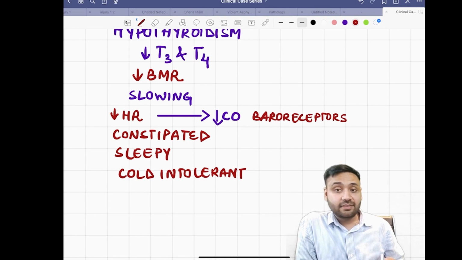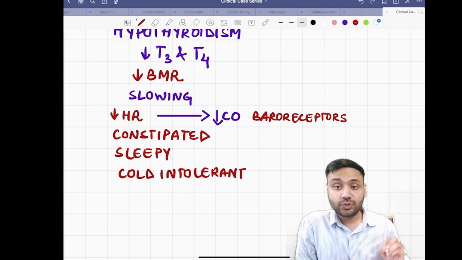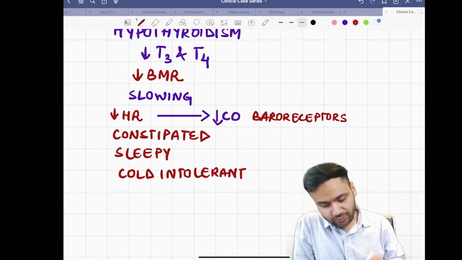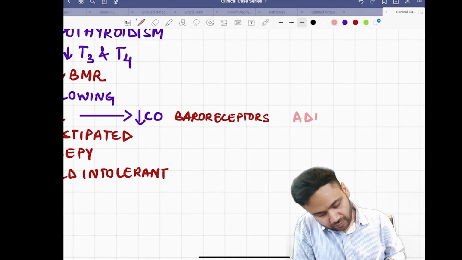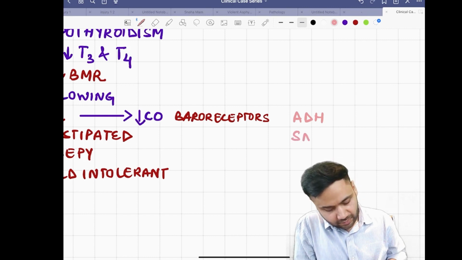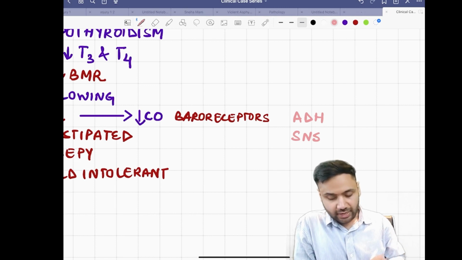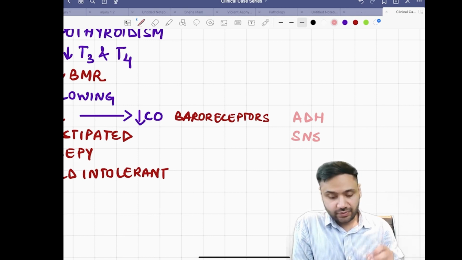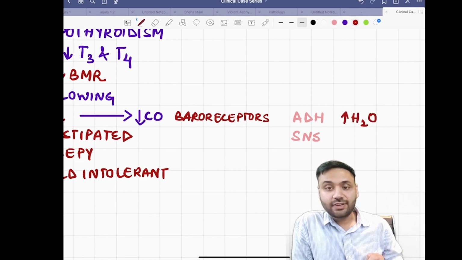Once they sense that the pressure within the blood vessel is falling, the firing decreases and the brain senses that it should release ADH so as to make up for the blood volume so that the blood pressure is maintained. It also activates the sympathetic nervous system as a compensation. So, as we know, as ADH increases, water absorption increases and it would result in hyponatremia.